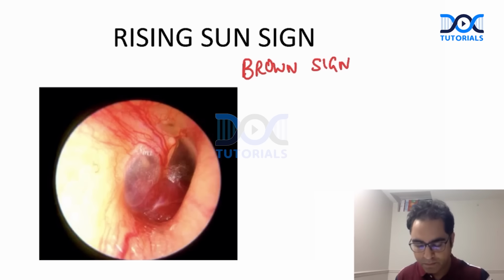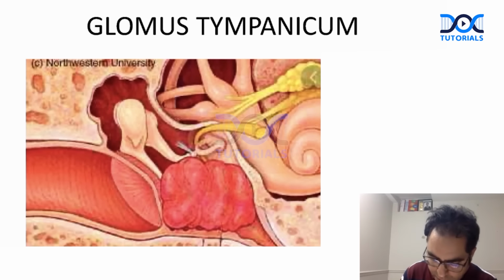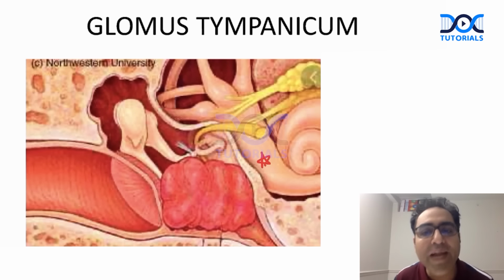Okay, fine. Now, there is a variant of glomus jugulare called glomus tympanicum. The glomus jugulare arises from glomus cells lying around the jugular bulb area. It's called glomus jugulare. The jugular bulb is below the floor of the middle ear. If a similar type of tumor arises from glomus cells lying around the promontory, and you know what is promontory? Promontory is the projection of the basal turn of the cochlea on the medial wall of the middle ear.